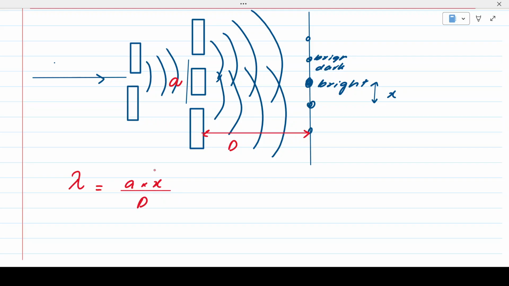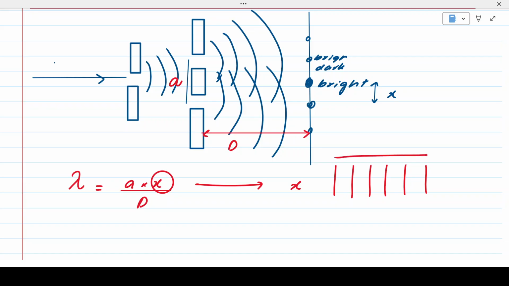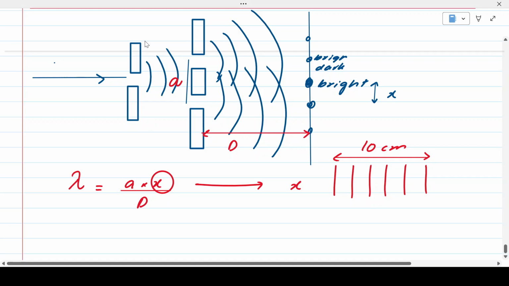In many of the questions, x is found indirectly. So they might give you lines 1, 2, 3, 4, 5, 6. They'll say these lines represent bright spots and the distance is 10 centimeter. What is the value of x? Find it indirectly.